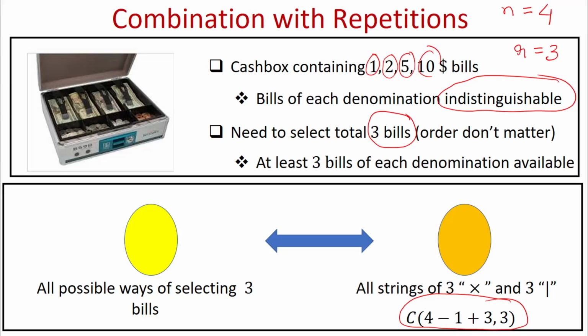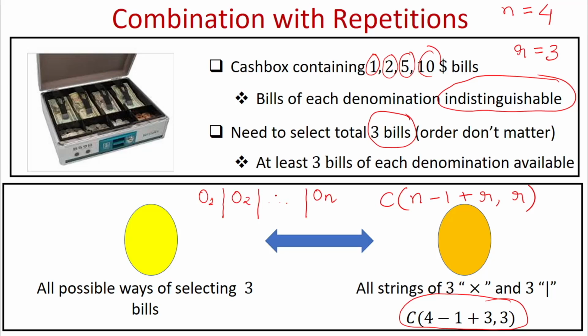And why I am writing it in this form, 4 minus 1 plus 3, is because in general, the formula will be C of n minus 1 plus r, r. How many vertical lines will there be if the number of objects of various types is n? You will have n slots because you have objects of n types. You will have an object of type 1, then a vertical line, then an object of type 2, one vertical line, and like that up to an object of type n.